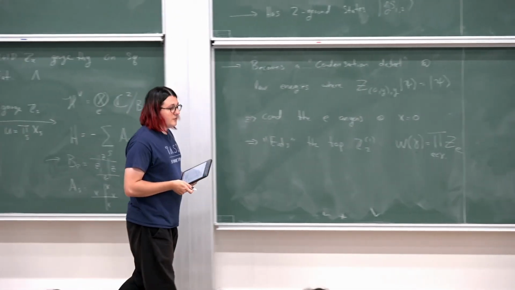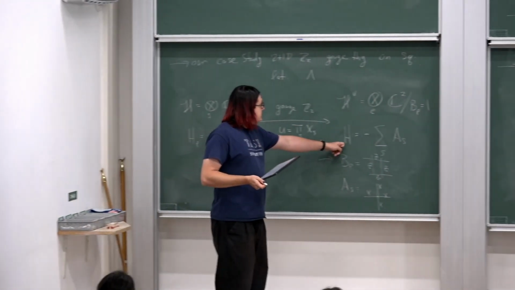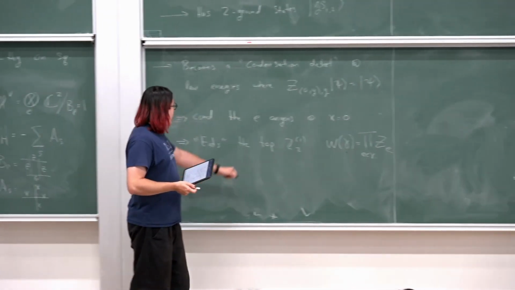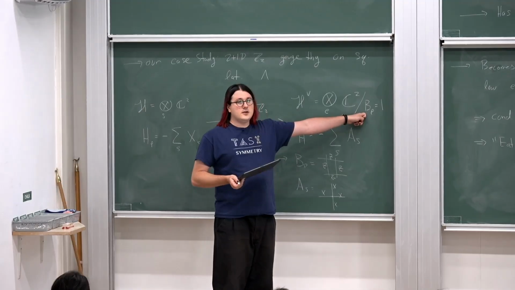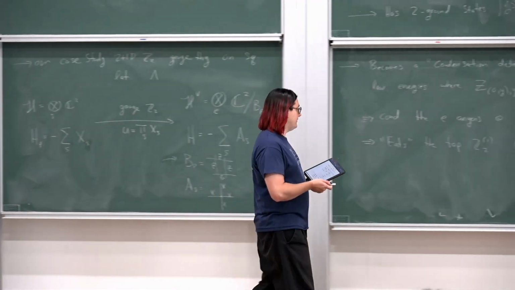Okay. If you recall from last tutorial and from some of the previous lectures, the Z2 gauge theory has this as a symmetry, and it's a topological one-form symmetry because I'm enforcing the plaquette operator to equal 1 in all the states of my Hilbert space.